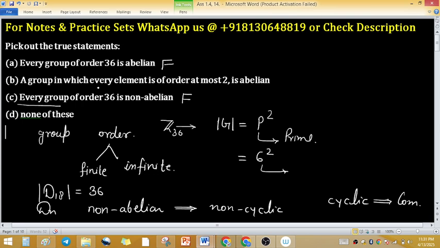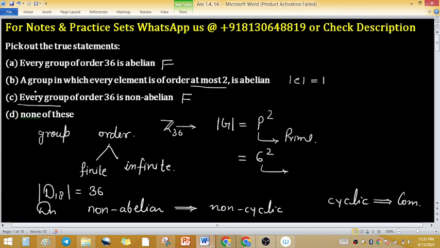Option B: a group in which every element is of order at most 2. We know the identity element is always of order 1. Whatever the group, cyclic, non-cyclic, abelian, non-abelian, finite or infinite, the identity element is always there in the group. So we can find the order of the identity element, and the order of the identity element is 1.